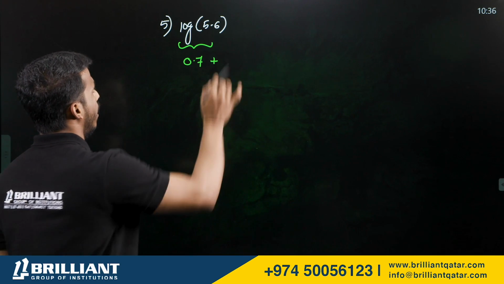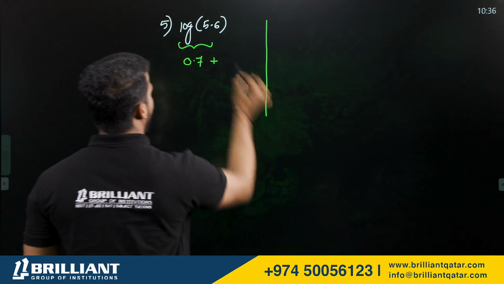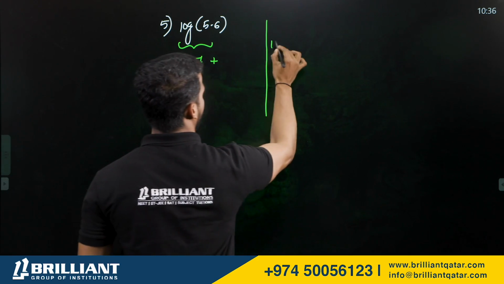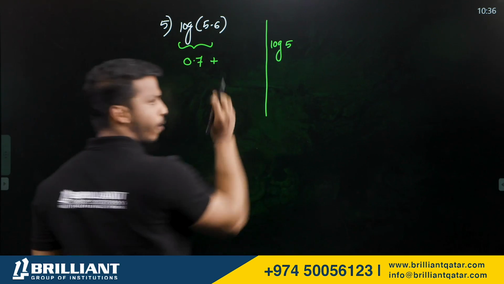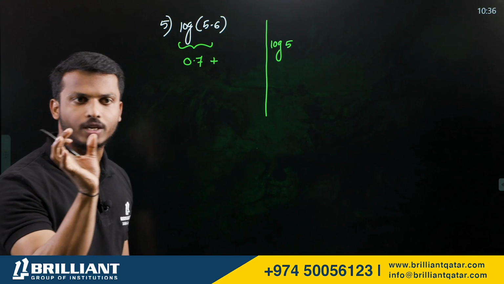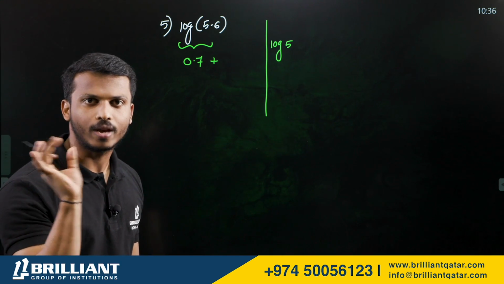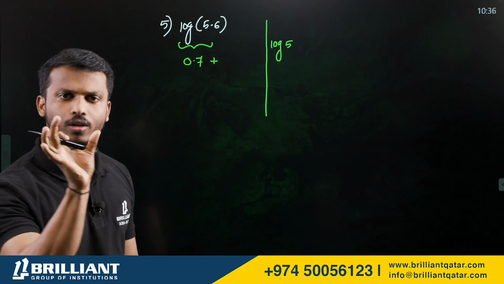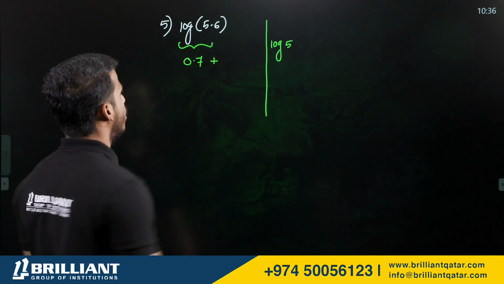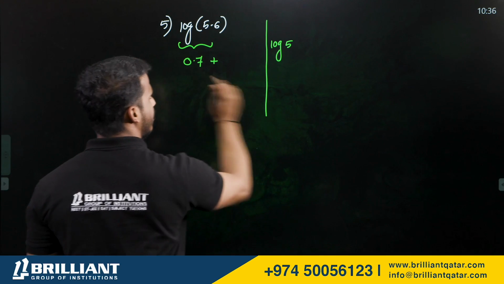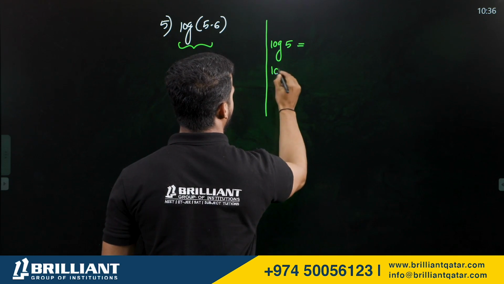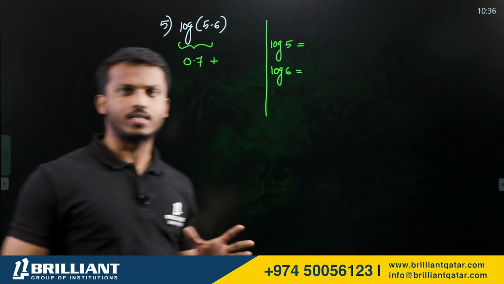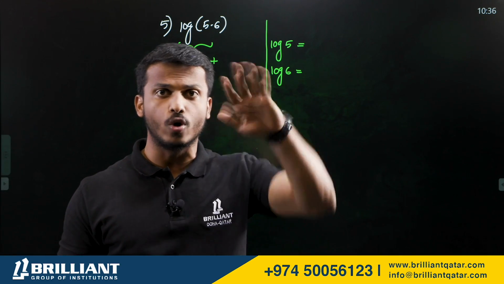How to calculate? Dear student, 5.6 is between 5 and 6, right? 5.1, 5.2, 5.3, like that up to 5.6, it is in between 5 and 6. So log 5.6 is actually in between log 5 and log 6, correct?